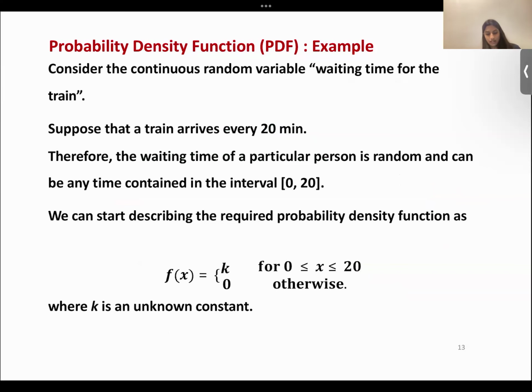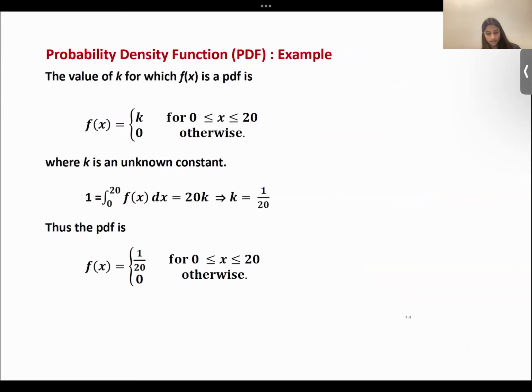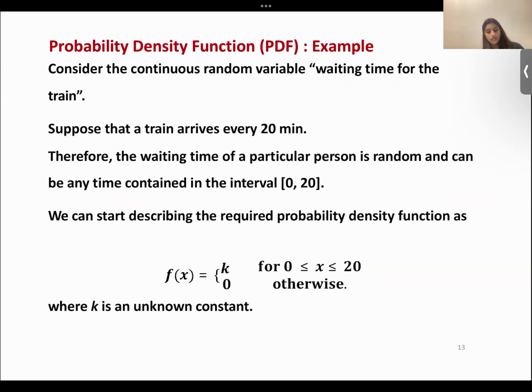So let's consider an example here. We consider a random variable, which is the waiting time for a train. The train arrives every 20 minutes. So here your interval will range between 0 to 20.